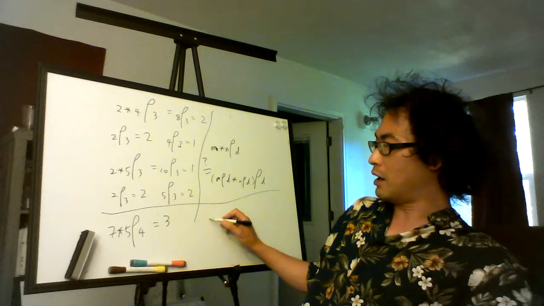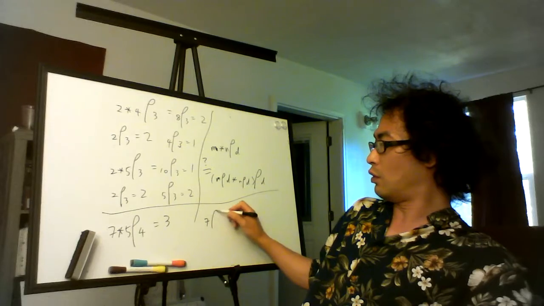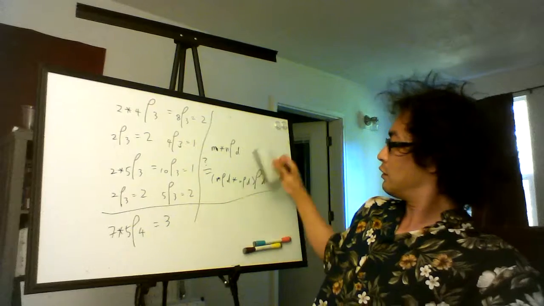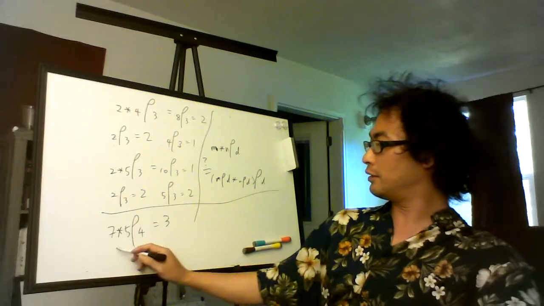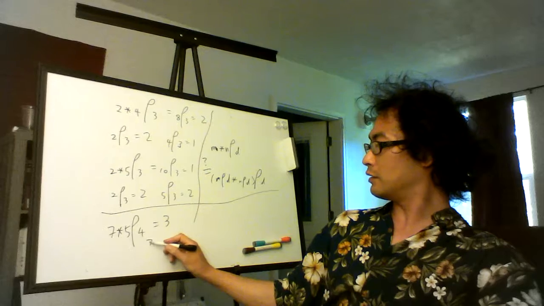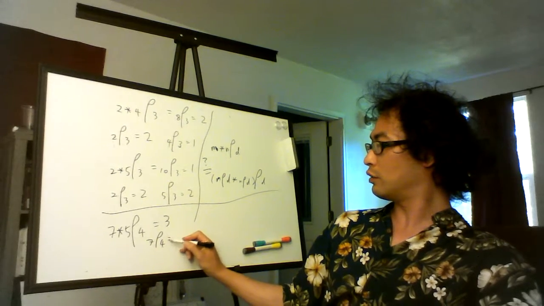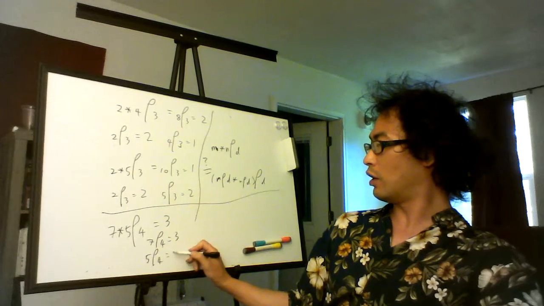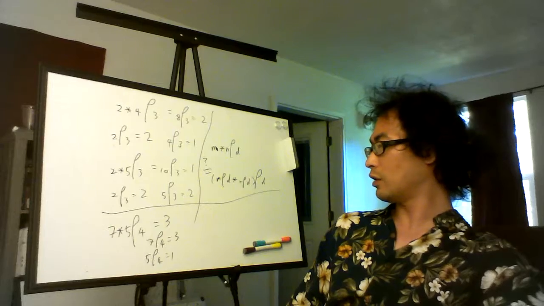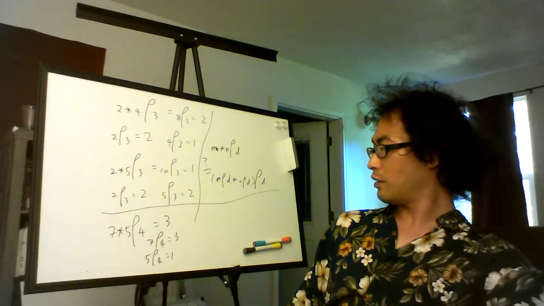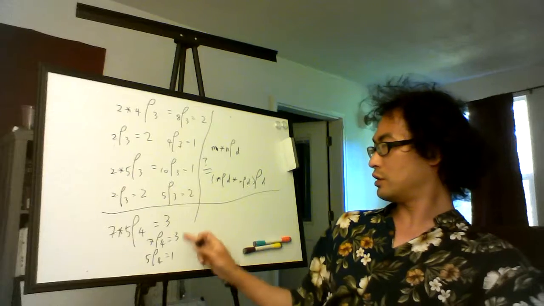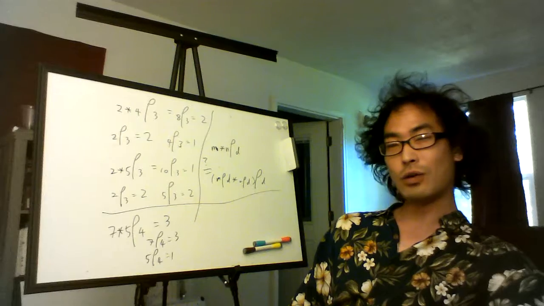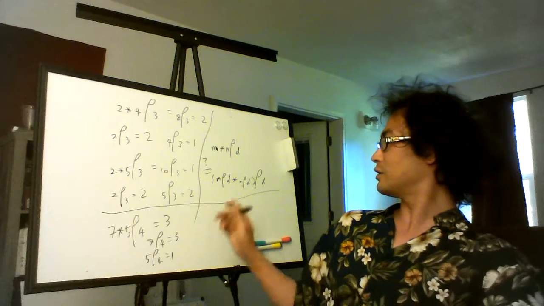Okay, how about 7 mod 4 equals 3, right? And 5 mod 4 is 1, okay? And guess what? If we multiply 3 and 1, which is 3, okay? So I guess it's working. I don't know why, okay? And don't ask me. I think this is the correct formula, okay?